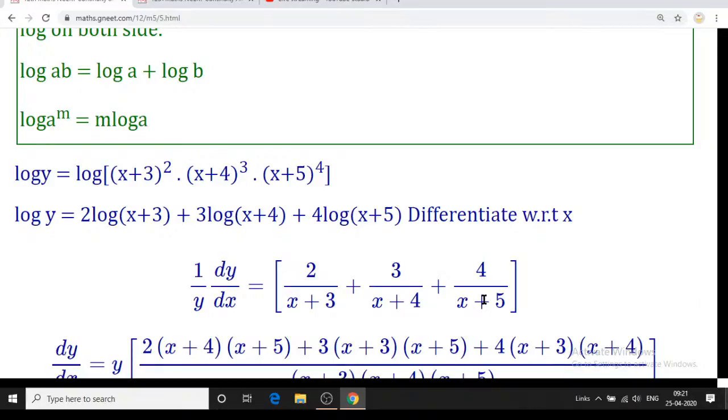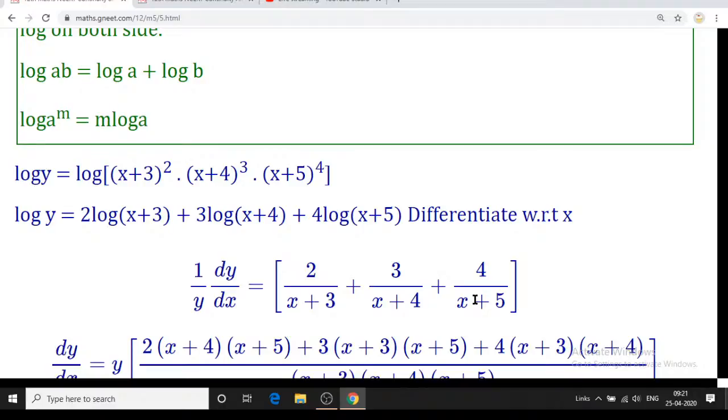As it has only 3 terms, we will take LCM and simplify. In the earlier sum, the second sum we did before this, there were 5 terms, if you are remembering: x minus 1, x minus 2, x minus 3, x minus 4, x minus 5. When we take 5 terms and take the LCM, every time we get 4 brackets, and multiplication of 4 brackets is not that easy, so no need to do this.